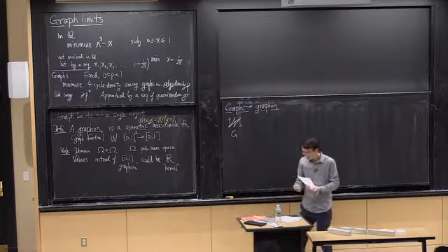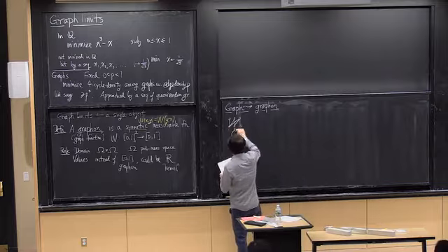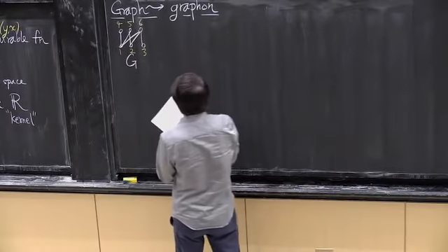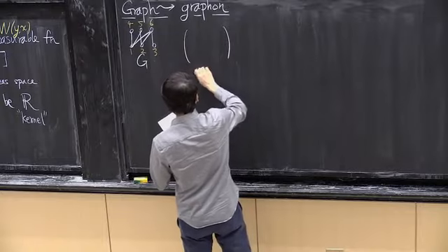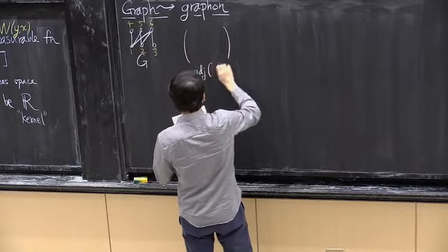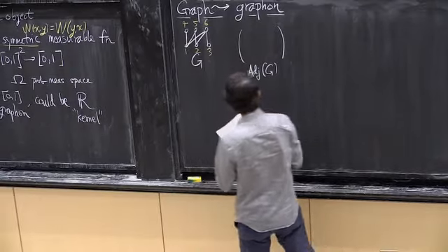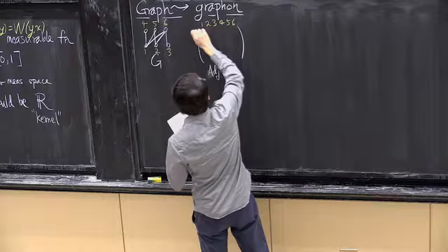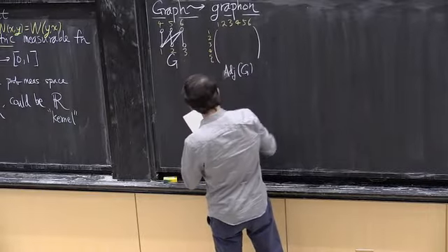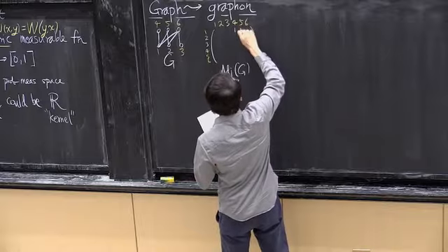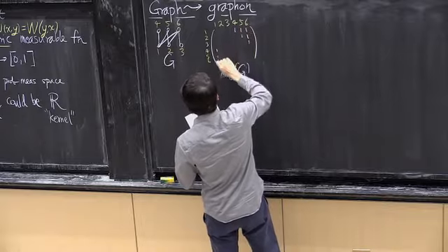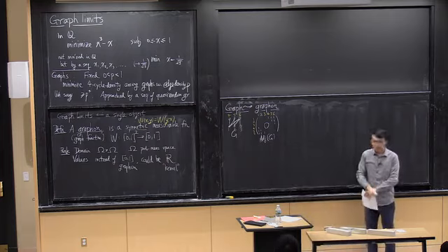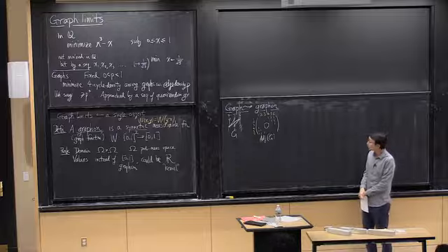From this graph, I can label the vertices and form an adjacency matrix of this graph, where I label the rows and columns by the vertices and put in zeros and ones according to whether the vertices are adjacent. Okay, so that's the adjacency matrix.